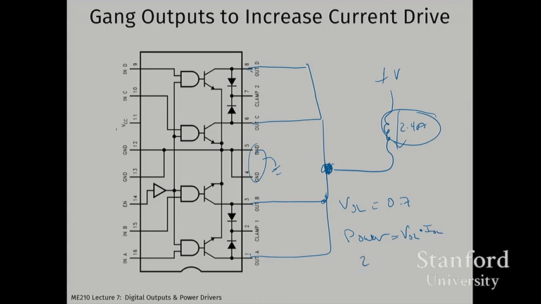So if we've got 2.4 amps times 0.7 volts, you've got roughly 2 watts of power consumption inside of this package. And it can get hot. This leads to issues with heat sinking and other such things.